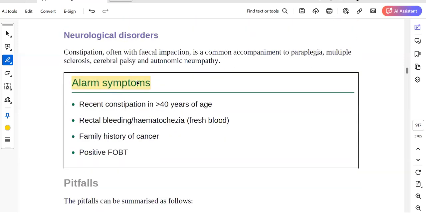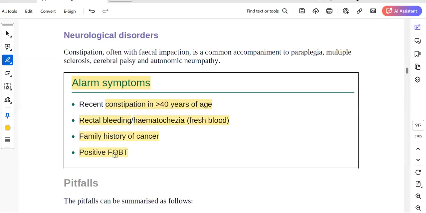So what are the alarming symptoms in a patient with constipation? Recent onset of constipation in a patient above 40, per rectal bleeding, even if it is fresh blood, family history of cancer, positive FOBT. Okay, so FOBT is fecal occult blood test. It is a kind of stool test.